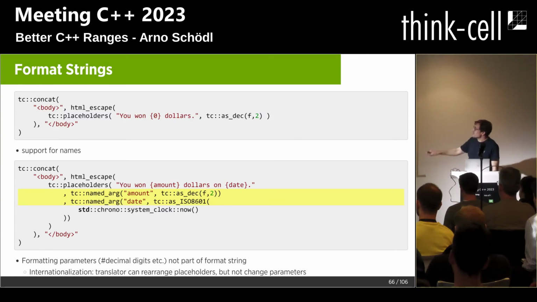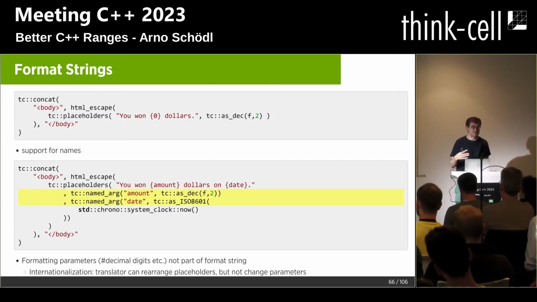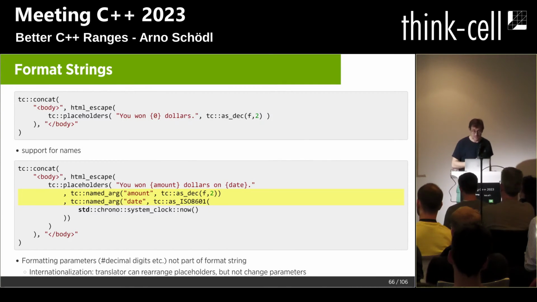And I think it's right that when you internationalize this string, what will get passed to the translator, usually some sort of agency, or you build yourself a front end for DeepL, is really just the format string. It will not contain the number of decimal digits. In std format it would.